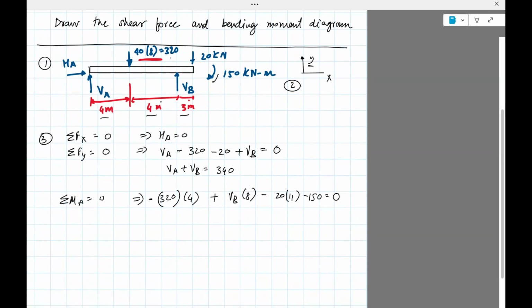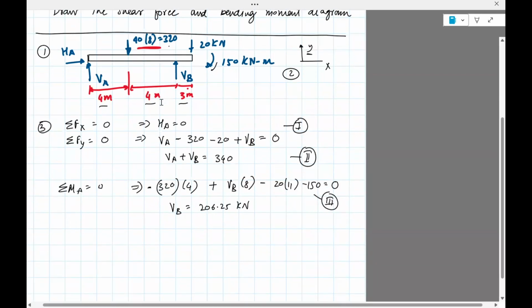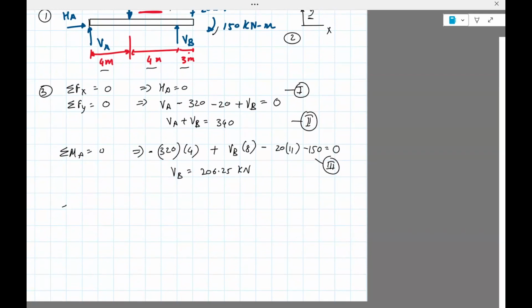Okay, so I computed this offline. It comes out to be VB equals 206.25 kilonewton. Let's call this equation 2, and the earlier one equation 1. Substitute VB equal to 206.25 into equation 1 and solve for VA.